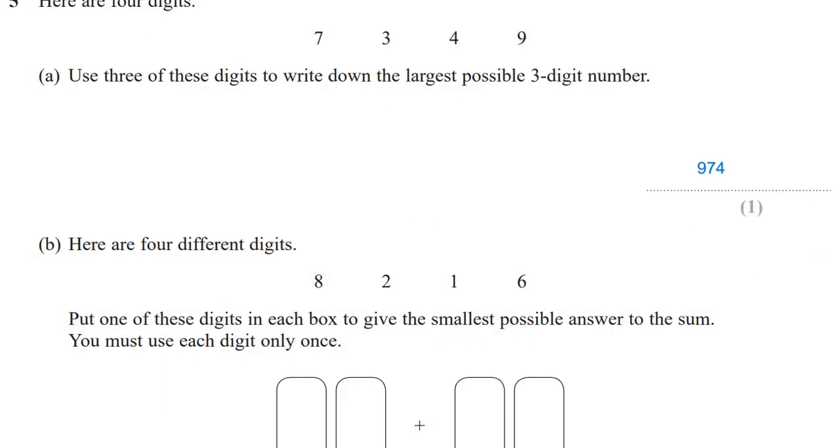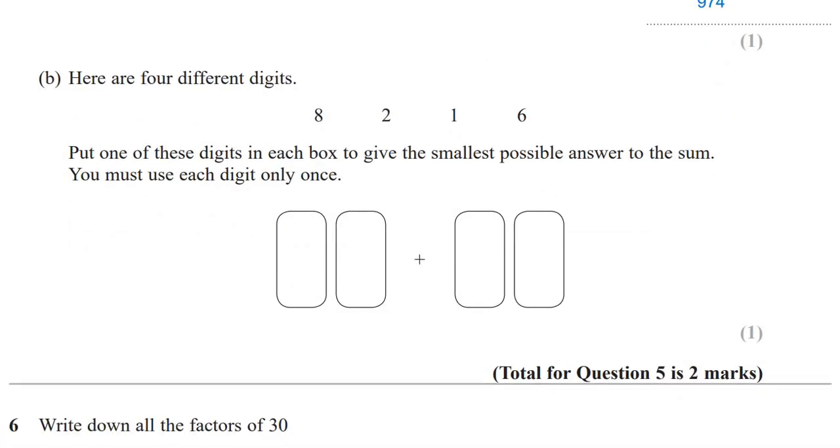All right, let's see. Here we have 4 digits, 8, 2, 1, and 6, and it says put one of these digits in each box to give you the smallest possible answer to the sum. Well, you now need the smallest possible sum. So you would have to start off with the smallest digits.